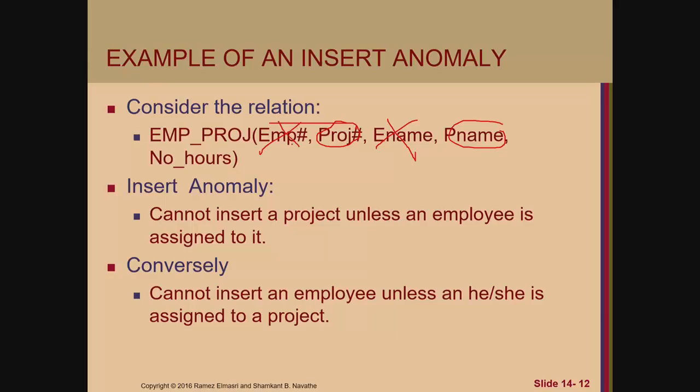So when you add the new project, employee number, E name and hours must be null. You cannot have any information, so it becomes an anomaly. Because in this table actually both of them should be together as a primary key, right? So you cannot add just the project number and project name. So you lose the information.